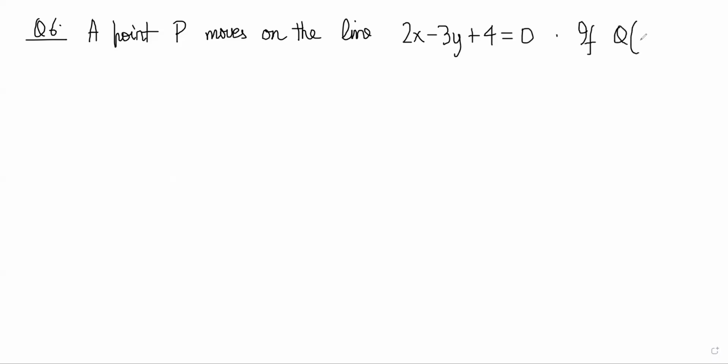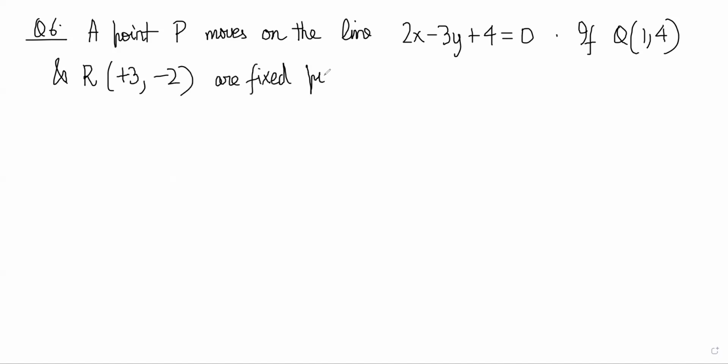If Q (1, 4) and R (3, -2) are fixed points, you have to find the locus of the centroid of triangle PQR.